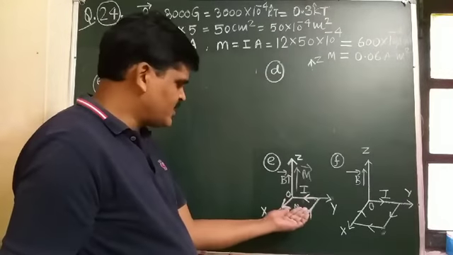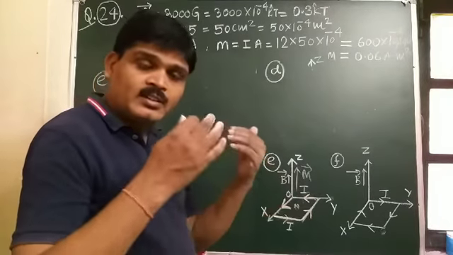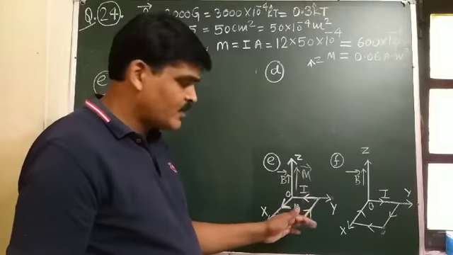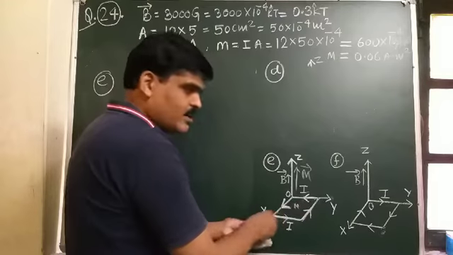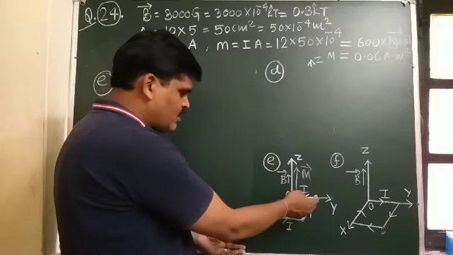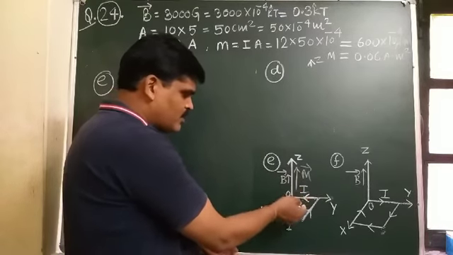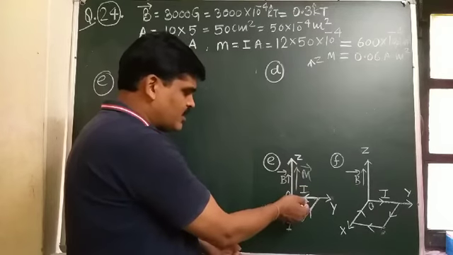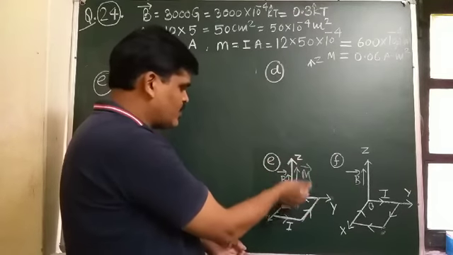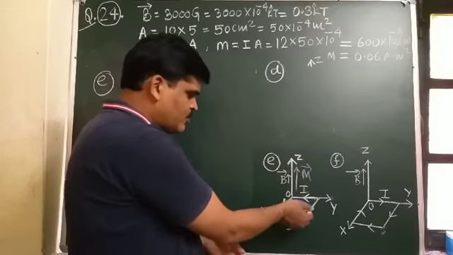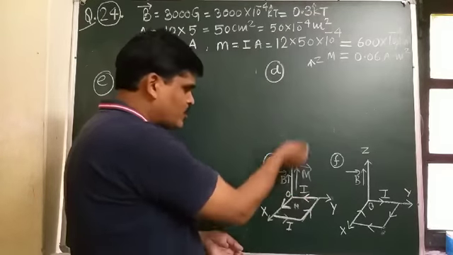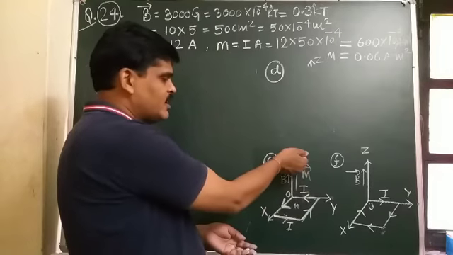Or in another way, what is the direction of area vector? The direction of area vector is the same as the direction of magnetic moment, and it is the outward drawn normal on a given loop. The rectangular loop is kept in xy plane, so the outward drawn normal is towards z axis.